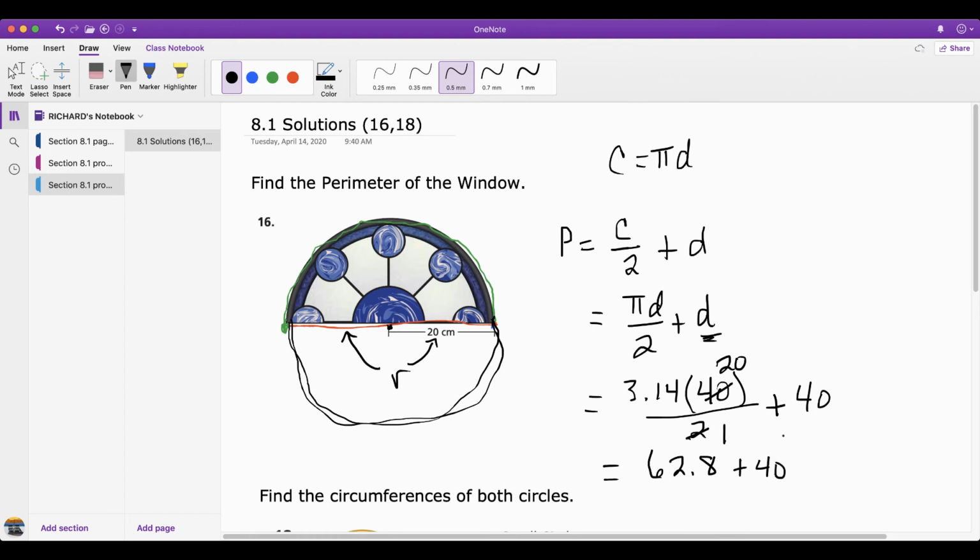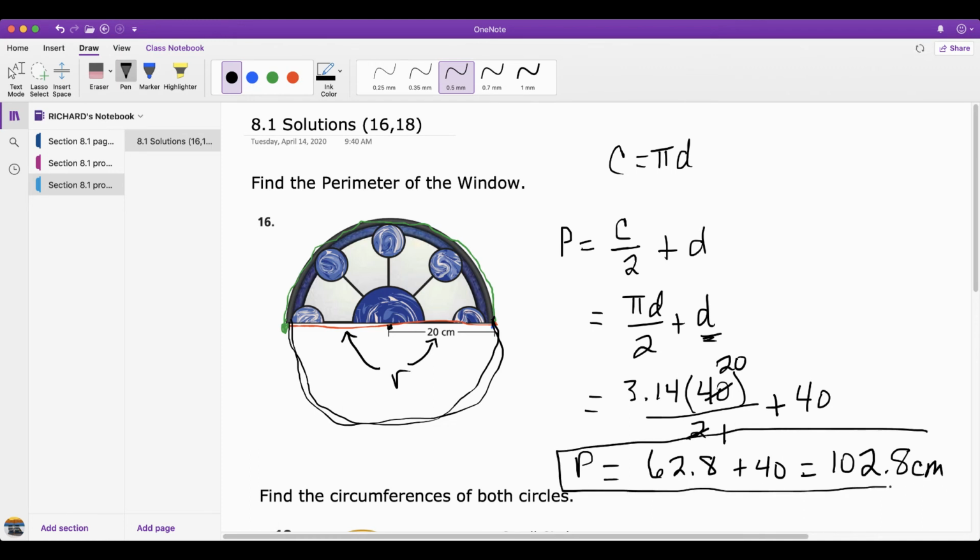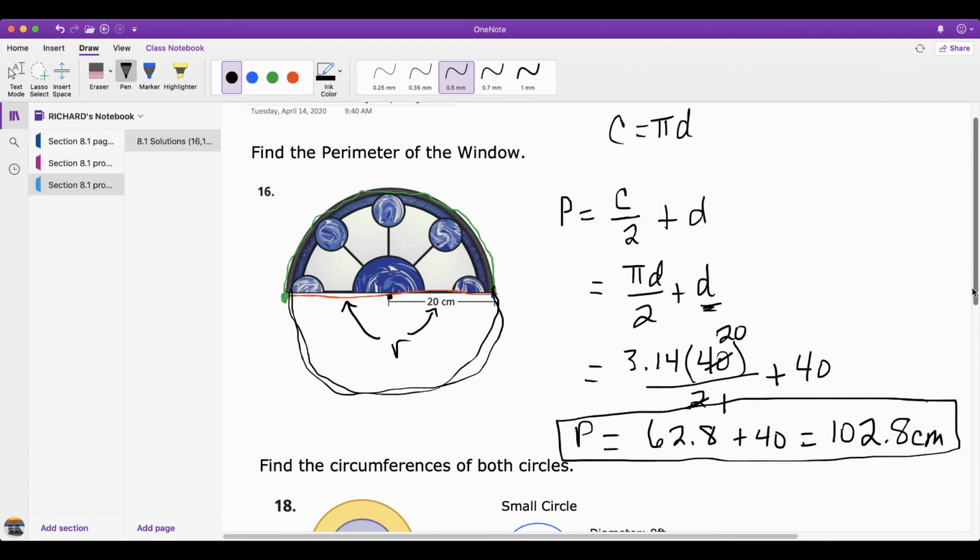Okay, and you can jump on your calculator or you can add this up in your head and you get the perimeter P equals 102.8, and the units are centimeters. Okay, so that's problem 16.